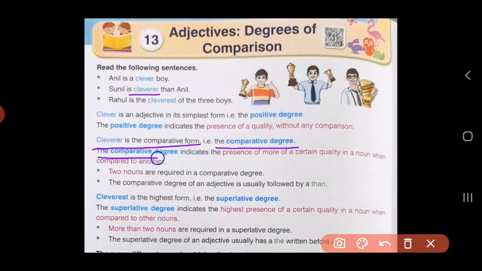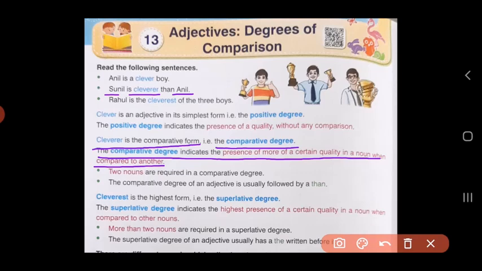The comparative degree indicates the presence of more of a certain quality in a noun when compared to another. So here we have two nouns, Sunil and Anil. And what is compared between both these nouns? Who is clever? That's why we call it the comparative degree.